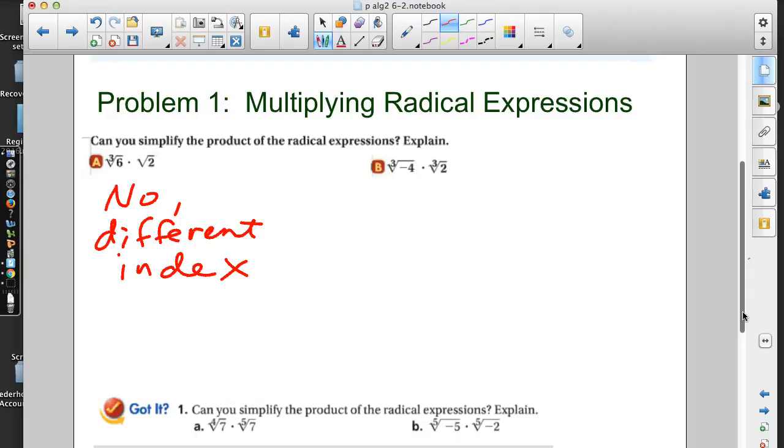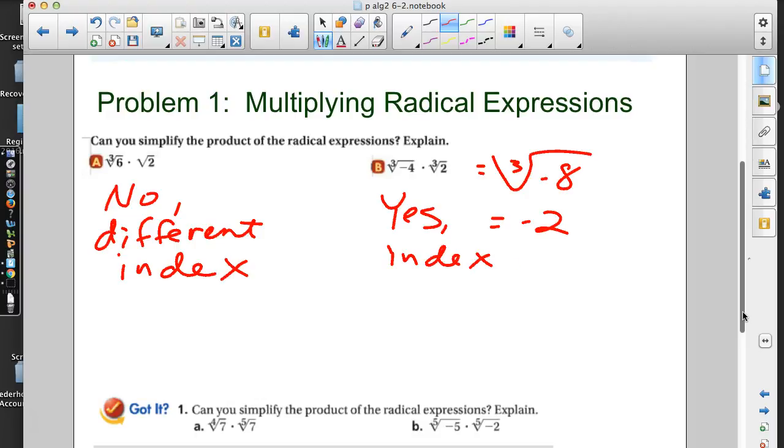Take a look at B. Can we do that one? Yes. In fact, it's really hard not to. We do cubed root of, and we would go ahead and do the multiplication and say negative 4 times 2. That's negative 8. Oh, we've done harder than that. That answers negative. So this is yes because the index is the same.